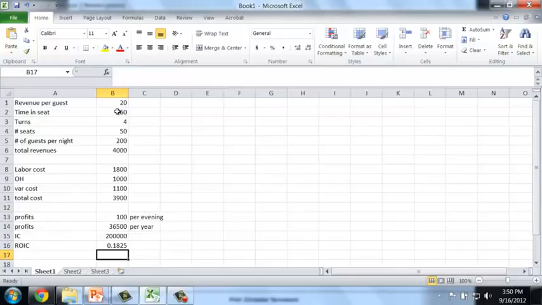For example, the question alludes to the case that I could shorten the time in the seat to 55 minutes by accelerating the cleaning process. I just type this in, all the numbers recompute, and we see this dramatic increase in ROIC. Now I admit this is based on the assumption that there is an infinite amount of demand and that we can squeeze these extra customers in.